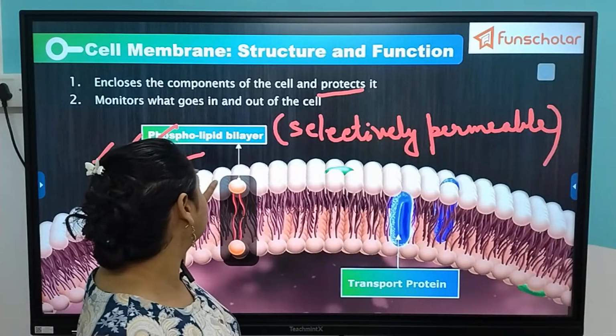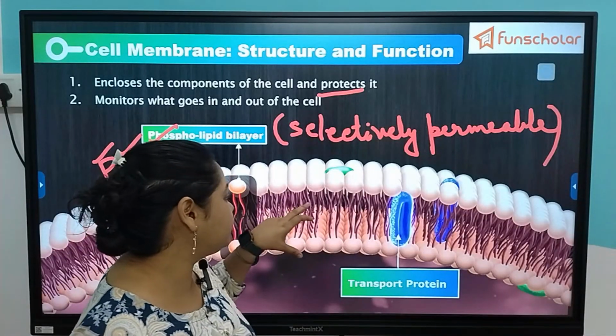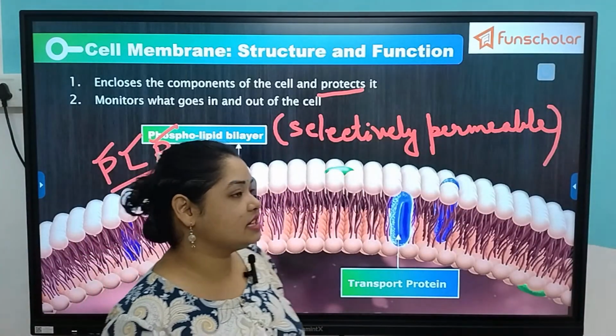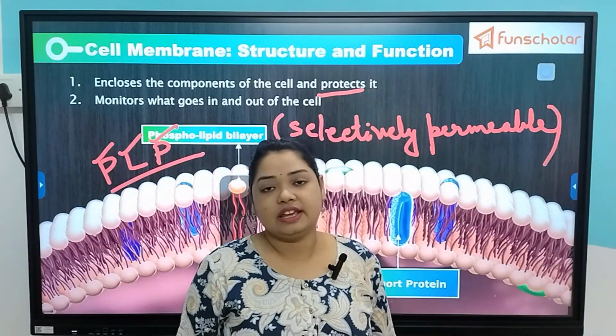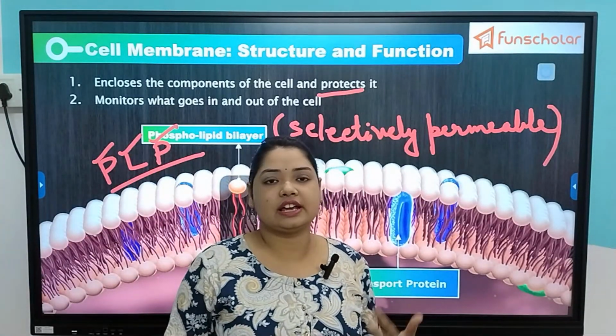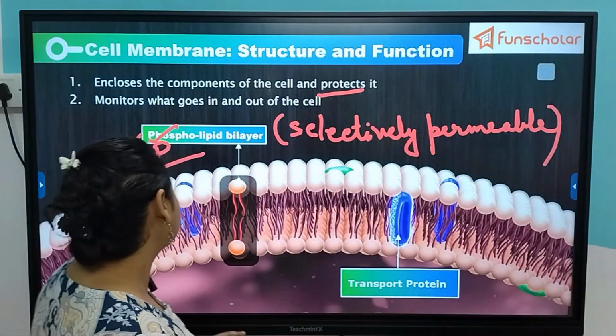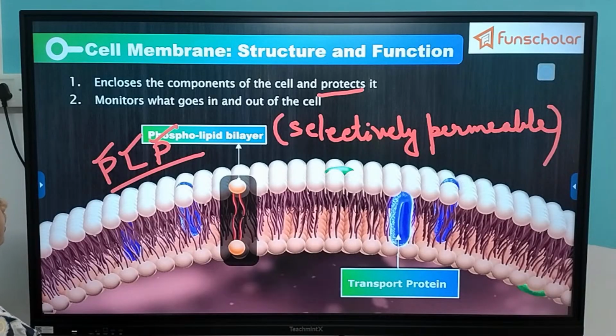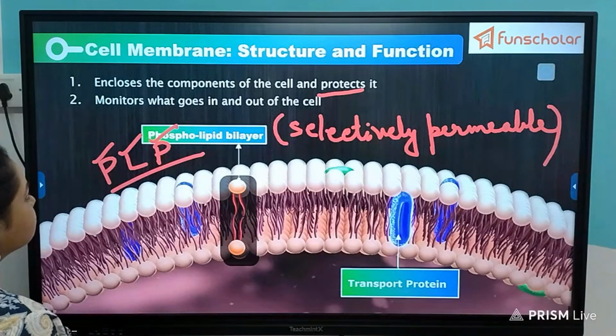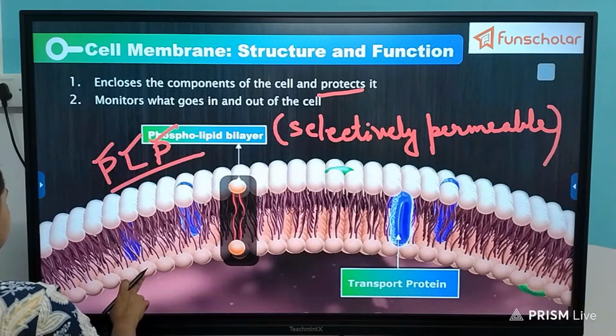On the other hand, the lipid which is sandwiched between the two protein layers is hydrophobic in nature, that is why it repels water, so it remains sandwiched in between. So this PLP structure is the main enlarged structure of the cell membrane.